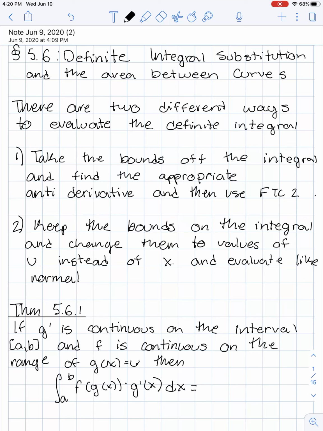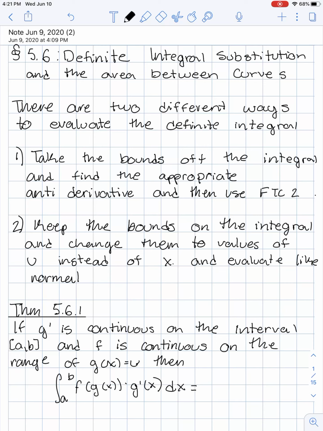So what that means, and it'll be clear when we work through a problem, is I can take the bounds off my integral, change my x's into u's, integrate, find my antiderivative with x's, right? So we plug in the x, and then I can plug in those bounds using f of b minus f of a, the fundamental theorem of calculus, part 2.